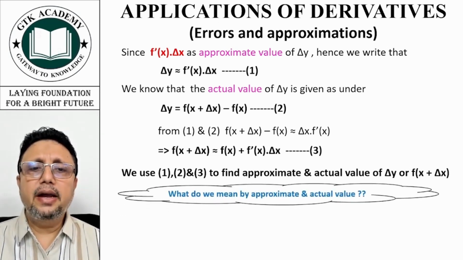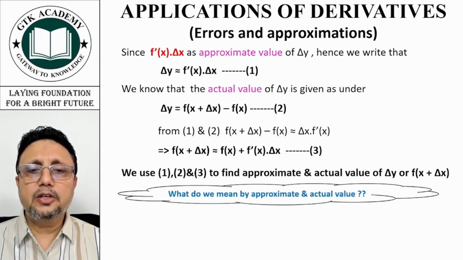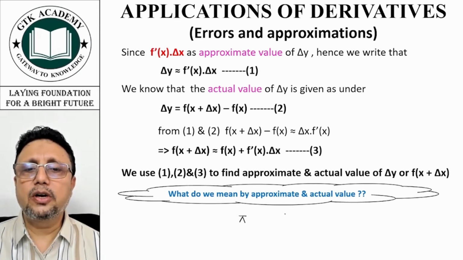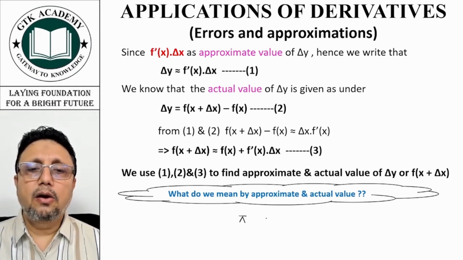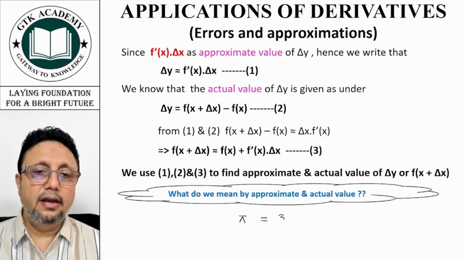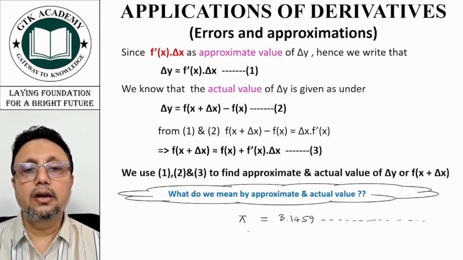So what do we mean by approximate and actual value? Let me explain by an example. Take the example of pi. You all know what pi is. The actual value of pi is 3.1459, and it goes till infinity because it's an irrational number.